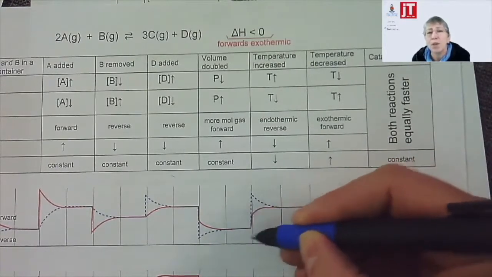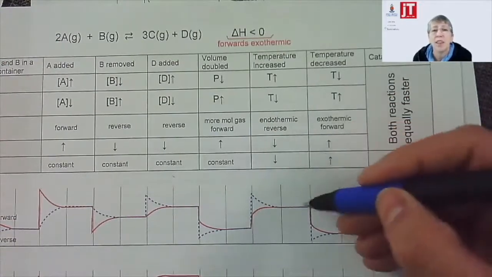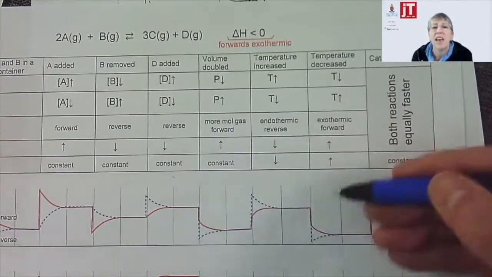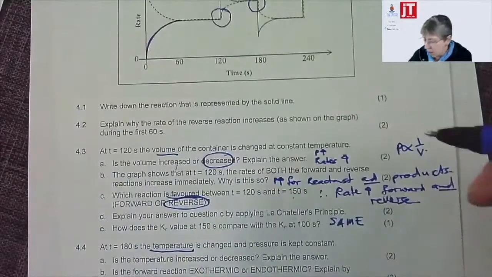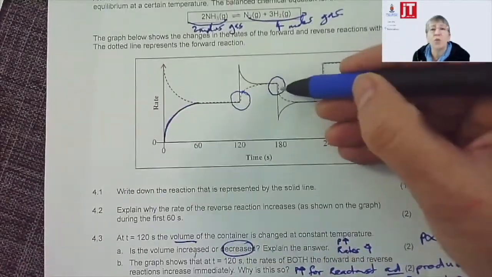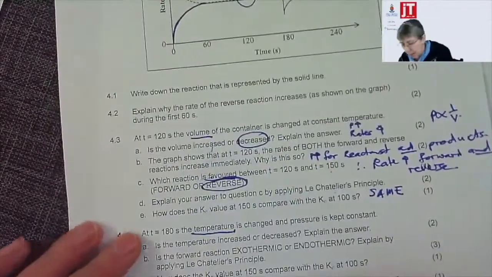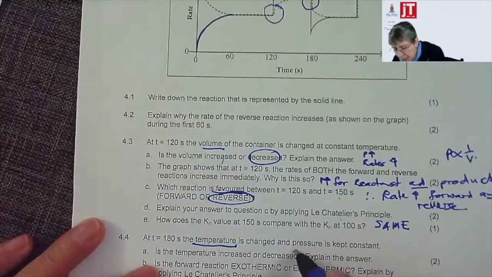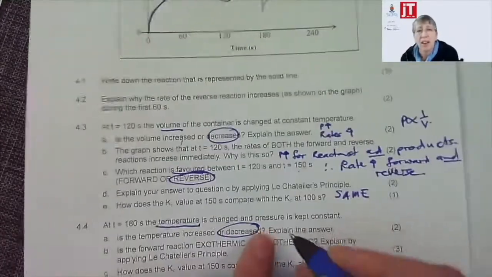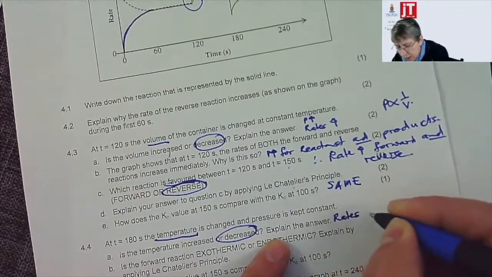So remember, they're both going up or both going down, but then you have to check which one is favored, which one will be lying at a higher value. Right, so is the temperature over here increased or decreased? Now, the fact that the rates are decreasing is telling me that the temperature is decreased. Right, how do I explain that? I explain that by saying that the rates decrease.